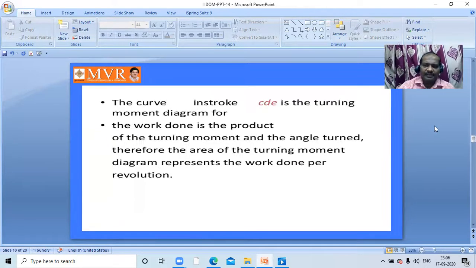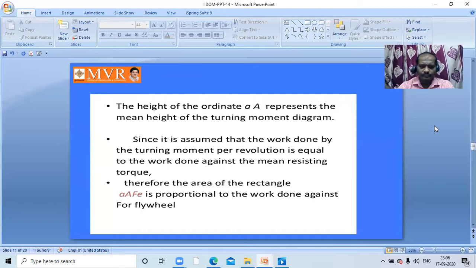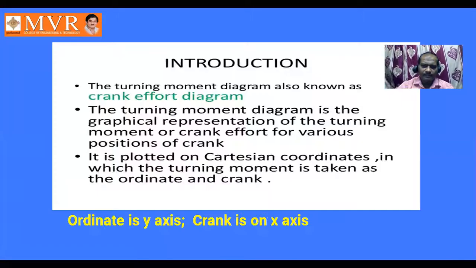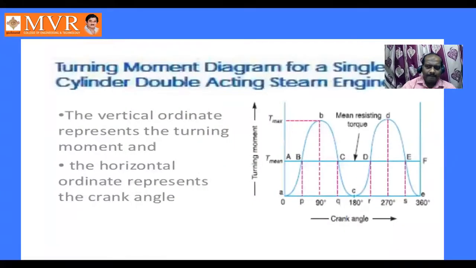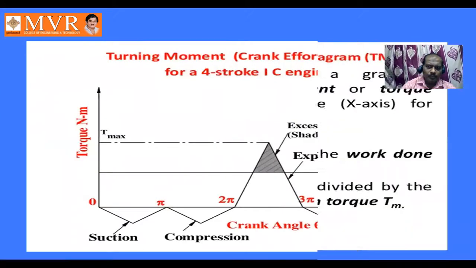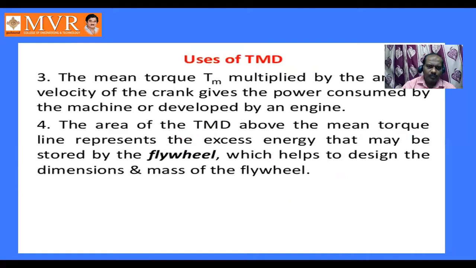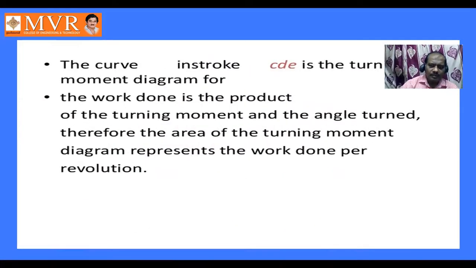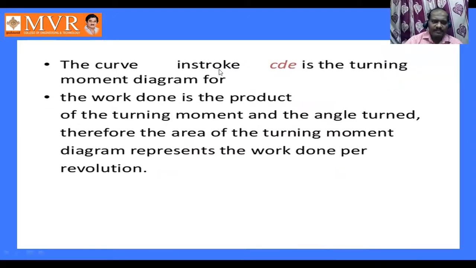So try to listen here, students. The curve for the in-stroke, CDE, is the turning moment diagram, and the work done is the product of the turning moment and the angle turned.